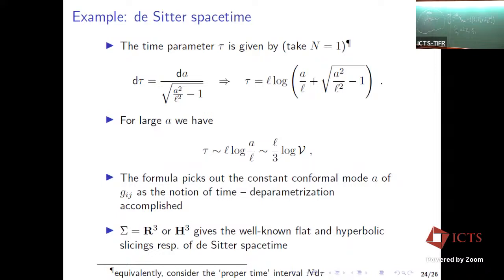So for large A, this simplifies, and what we get is the log of the volume of the 3-sphere at that particular value of the conformal factor. As we can see, this is the usual Misner time, or so I don't know who first proposed it, which is that in an expanding universe where the volume monotonically increases, one can imagine making local measurements on the three-dimensional manifold and coming up with a formula for time.